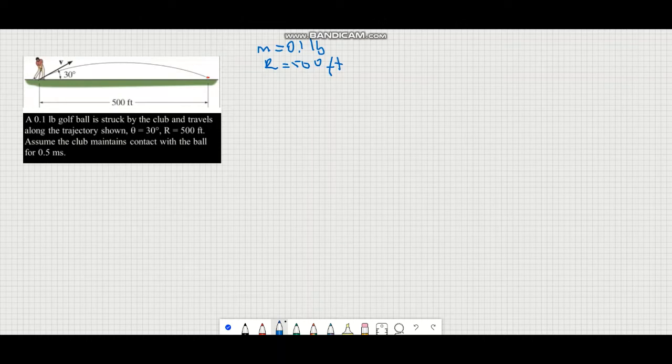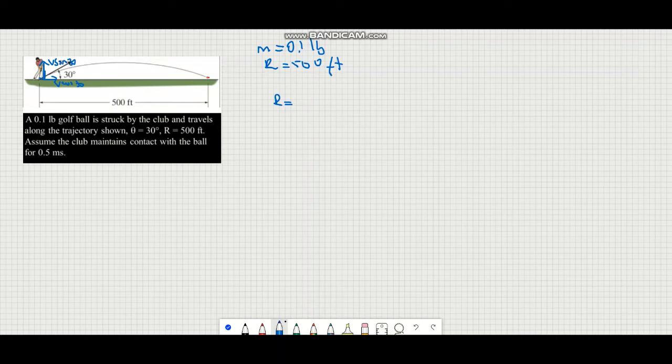We know that the distance r, if we take the components of the velocity, is v cosine 30 in the x direction and v sine 30 in the y direction.